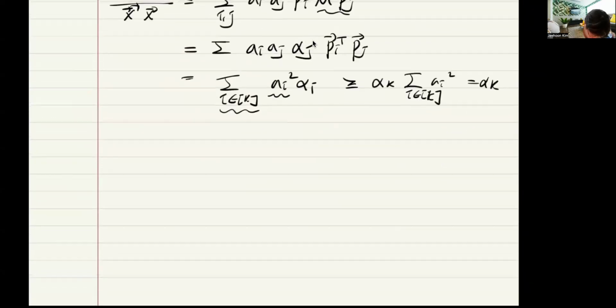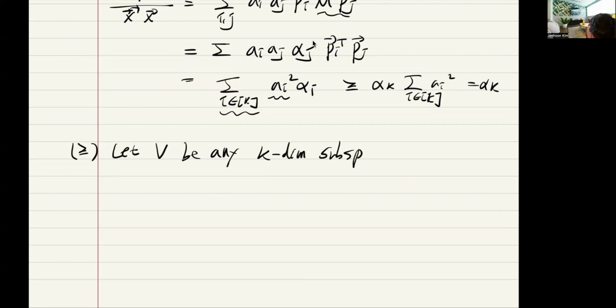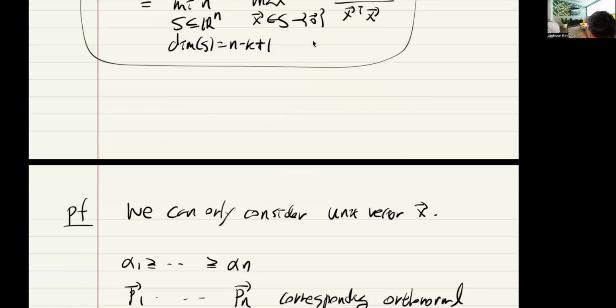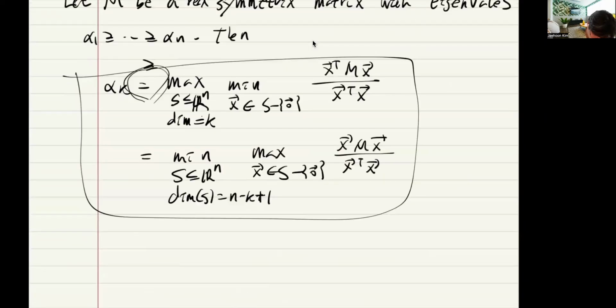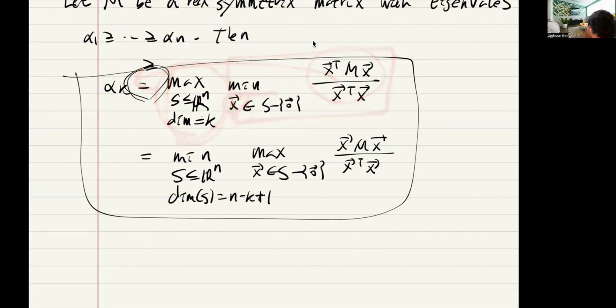Okay? For the other inequality, it's also essentially the same. Let B be any k-dimensional subspace. So now what do we have to show? For this direction, for whatever k-dimensional space we take, we have to find an x which minimizes this so that this is at most alpha k.